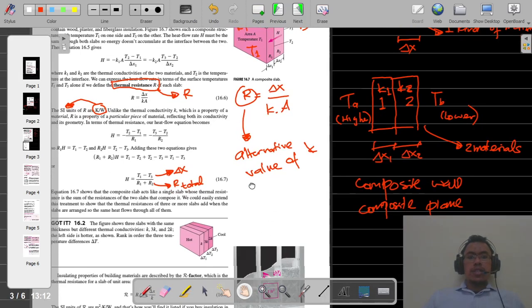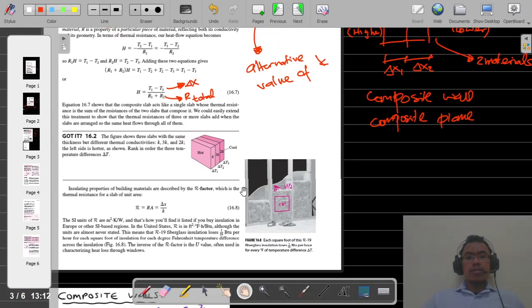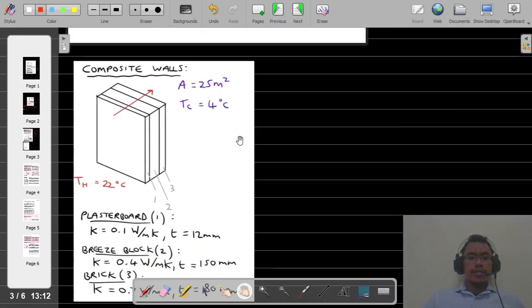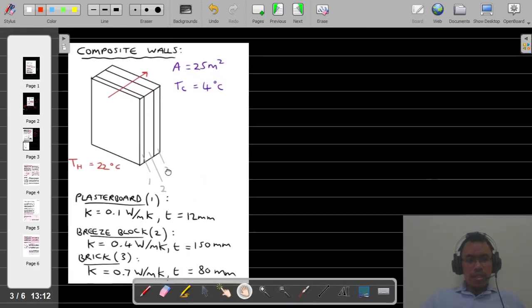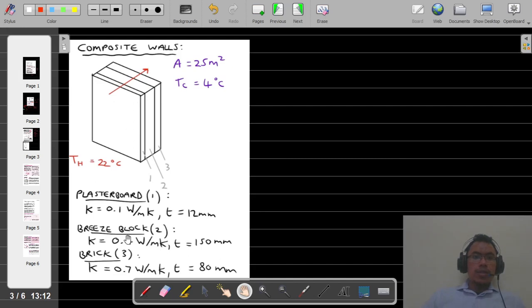Okay, now for ease of understanding, I have an example here. The direction of the heat transfer is from this point to this point, because you can see on the screen there is an arrow that moves from this point to this point.